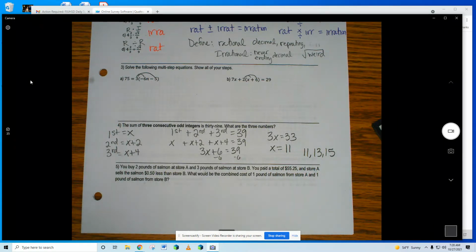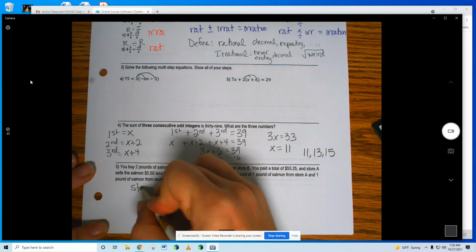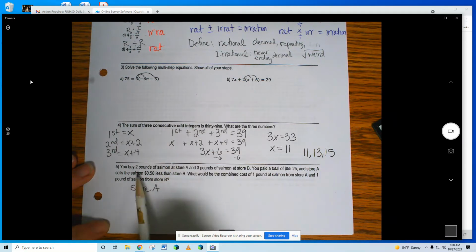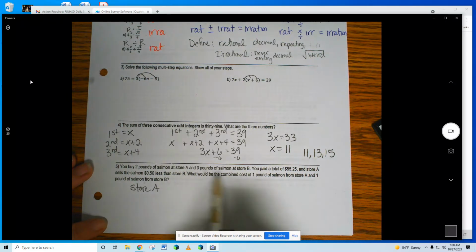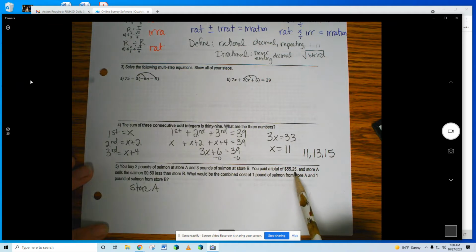Okay, I'm going to help you set up number 5. I'm going to make a little chart. You buy 2 pounds of salmon at store A and 3 pounds of salmon at store B. You paid a total of $55.25.